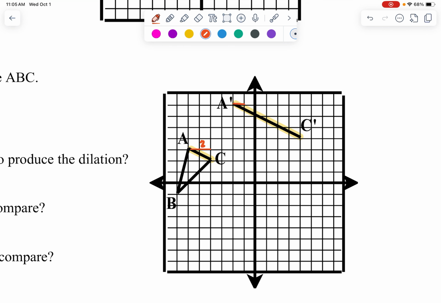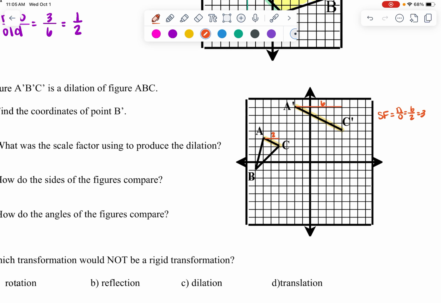Well, on this one, I moved 2, 4, 6. I went right 6. So if I'm doing scale factor, new to old, that would be 6 to 2, which is 3. So this is a scale factor of 3, clearly, because we've gone 3 times further.